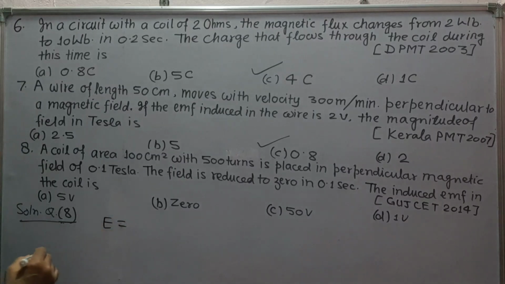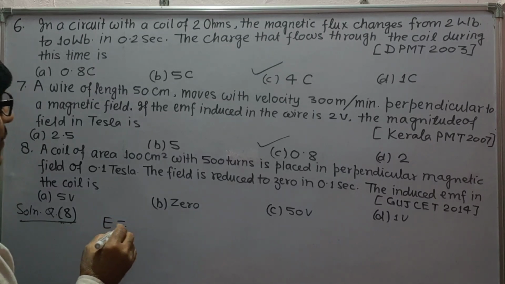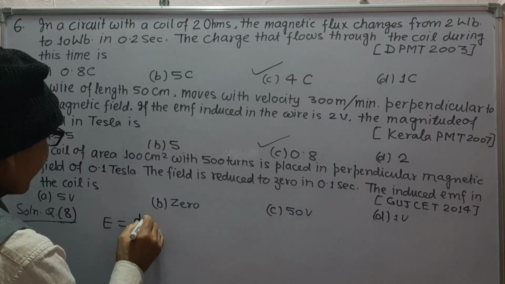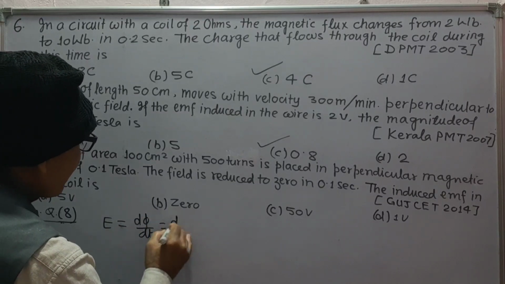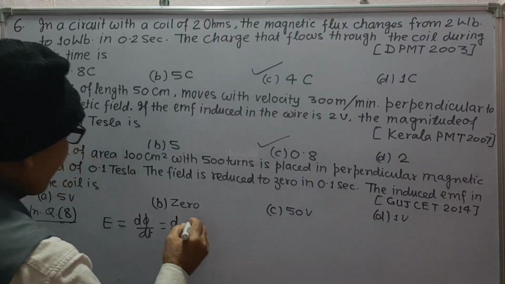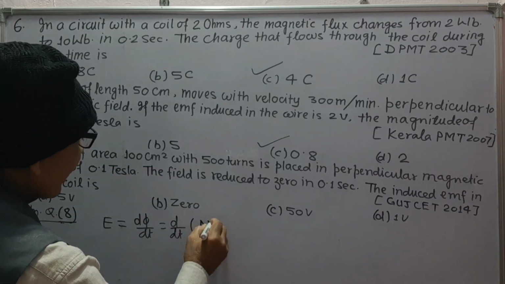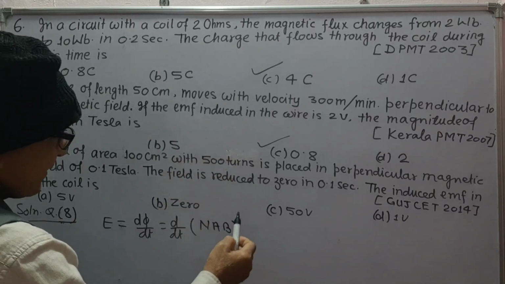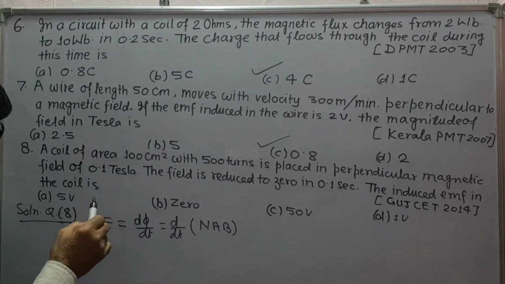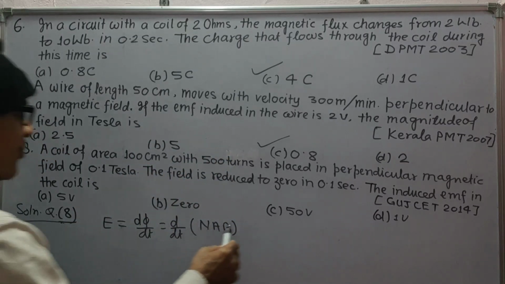Induced EMF will have magnitude E is equal to d phi upon dt, which is d upon dt of n a b. Here n is 500 and a is 100 cm square, which are constant.